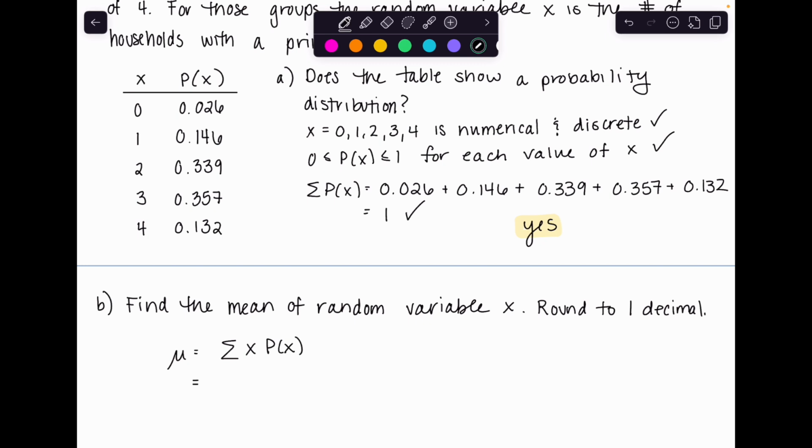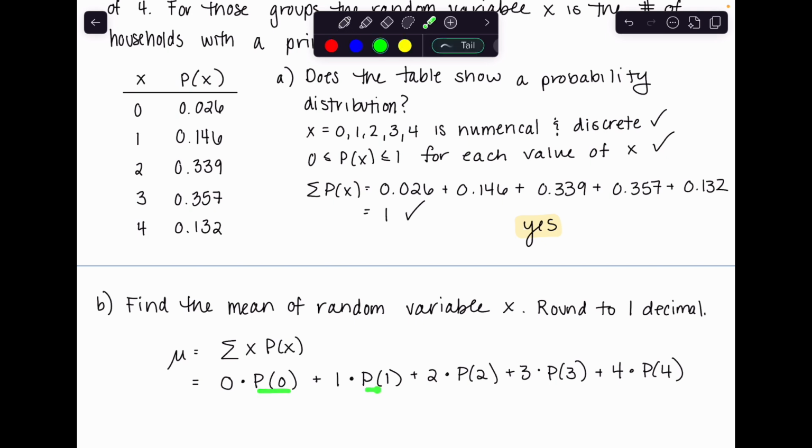So in this case, 0 households could have a printer, and we want to times it by the probability of that happening. 1 household out of 4 could have a printer, multiplied by that probability. 2 households times its probability. 3 households times its. And then finally 4 households times its probability.